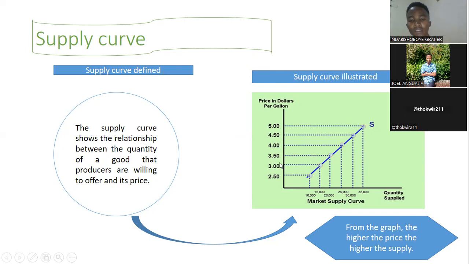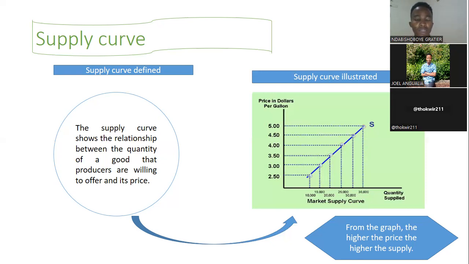So as the price keeps going higher, the quantity supplied also increases, meaning we can conclude from this graph that the higher the price, the higher the quantity supplied, or the higher the supply. This will take us to the law of demand, as we shall look at in the lesson.